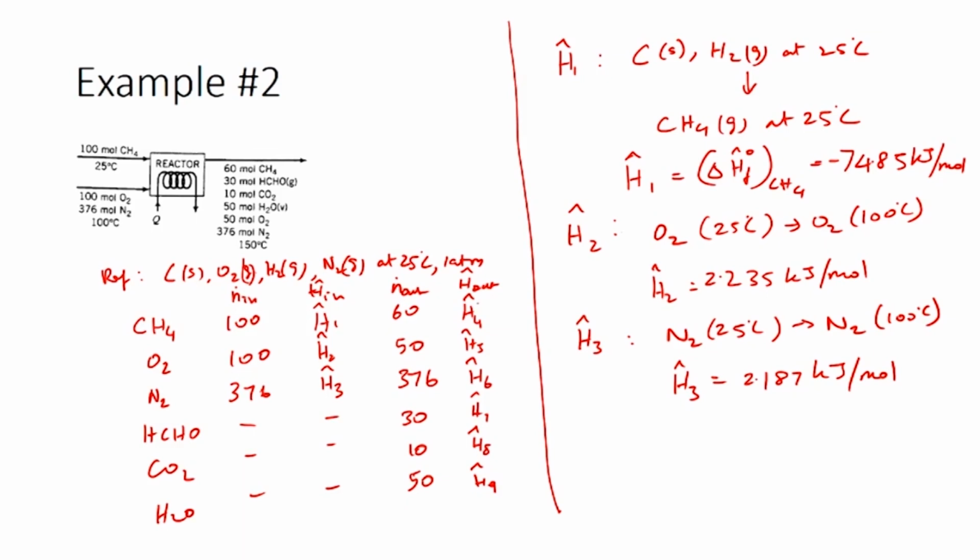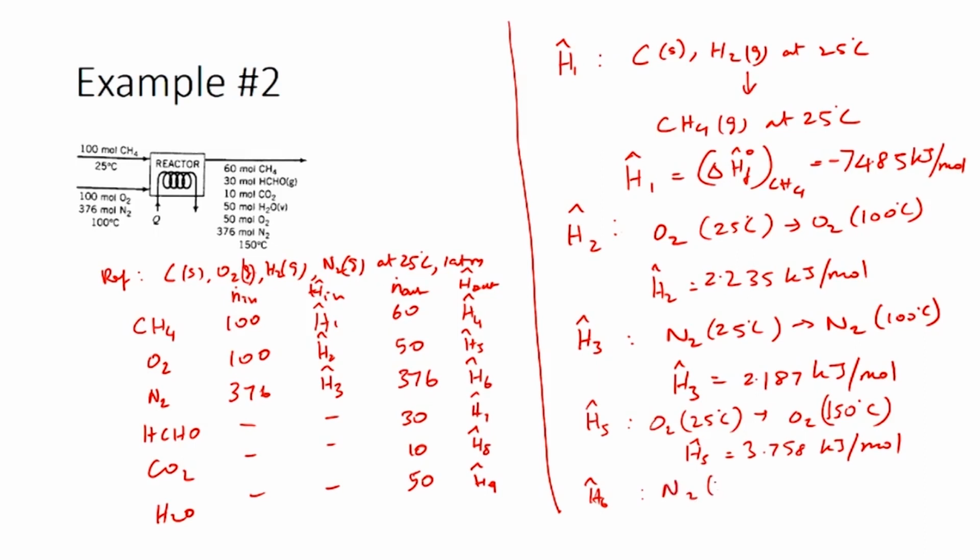Now, you have H4 to H9 for the exit streams. Let us first finish H5 cap and H6 cap, because those values can be obtained directly from the tables. H5 cap would be oxygen at 25 degrees Celsius being heated to oxygen at 150 degrees Celsius. So, this H5 cap would be equal to 3.758 kilojoules per mole, and you have H6 cap, which would be nitrogen at 25 degrees Celsius being heated to nitrogen at 150 degrees Celsius, which is the exit condition.